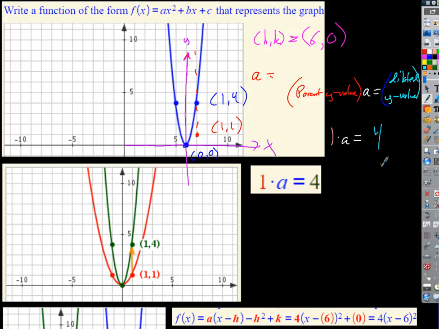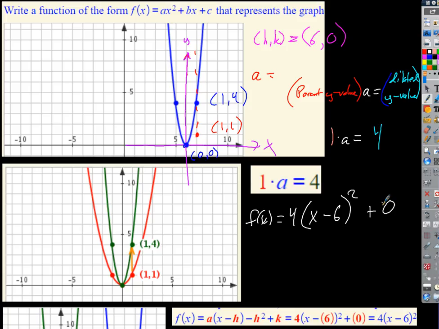So if a is 4, and h and k are 6 and 0, all we have to do is plug that into vertex form first. We'd start off with a, which is 4, times x minus 6 squared plus 0. That's my answer, but I'm supposed to put it into standard form.